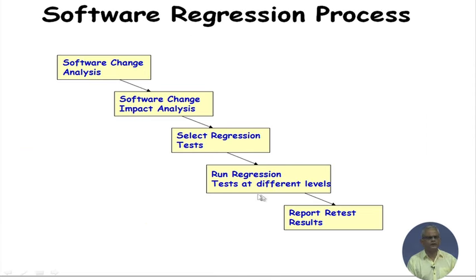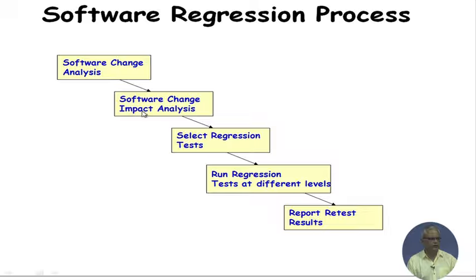If we represent that in the form of a schematic diagram, we first do the change analysis, and based on the change analysis we find out which part of the unchanged code is impacted and which part is independent.